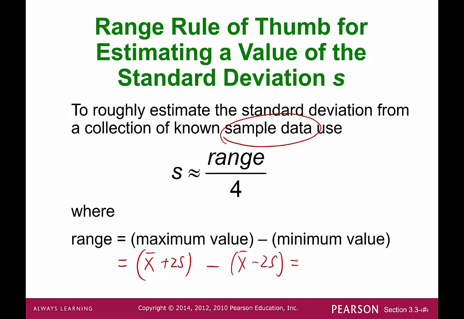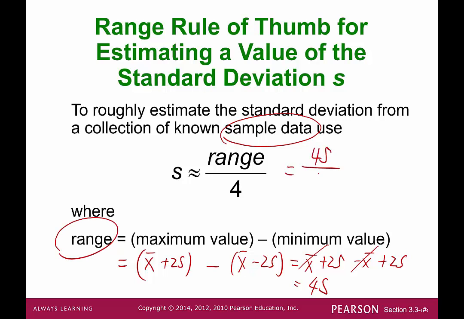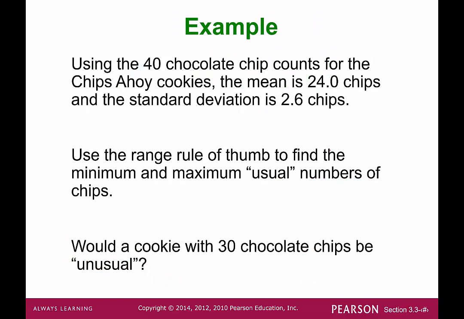If you expand it, you get sample mean plus 2 standard deviations minus sample mean plus 2 standard deviations. The sample mean cancels, so it turns out to be 4 standard deviations. So the range is approximately 4 standard deviations. Using 4 standard deviations over 4, you get the standard deviation. That's how you make the connection between the range rule of thumb and the standard deviation given a data set.